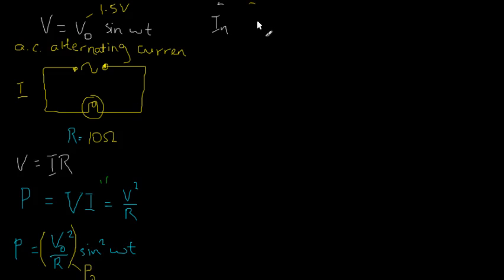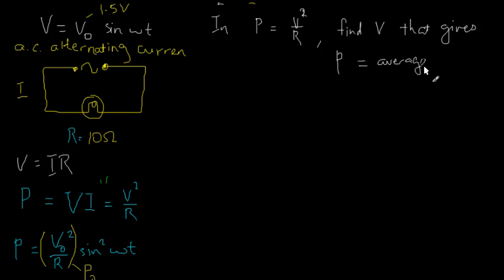In this formula, P equals V squared over R, I want to find the value of V that gives P equal to the average power.